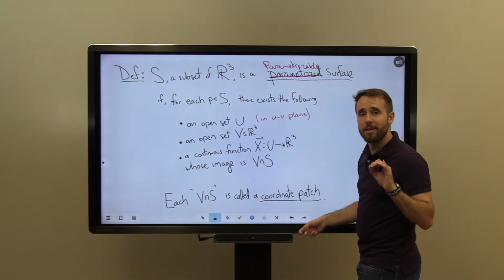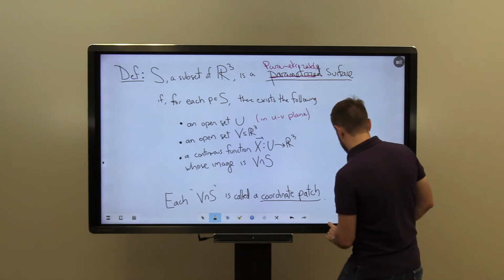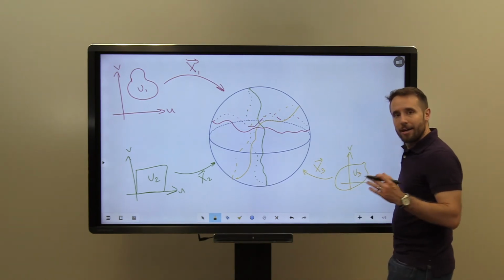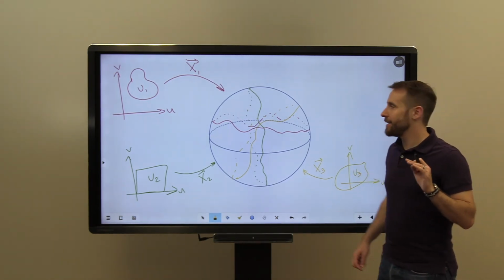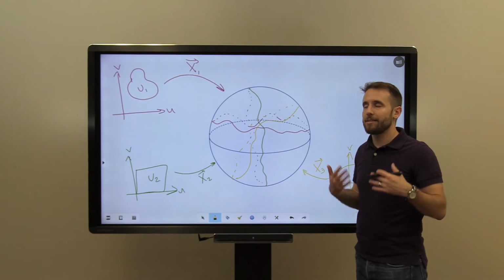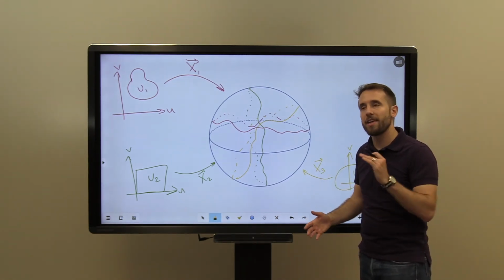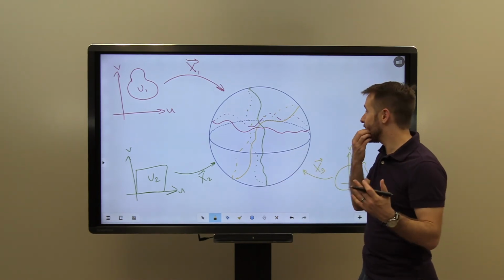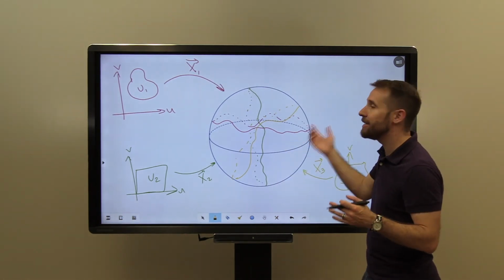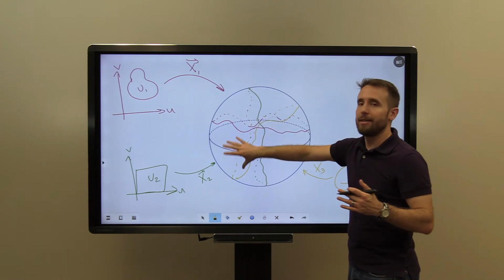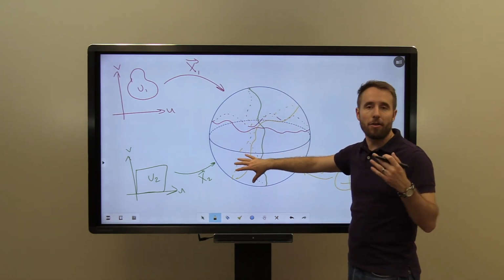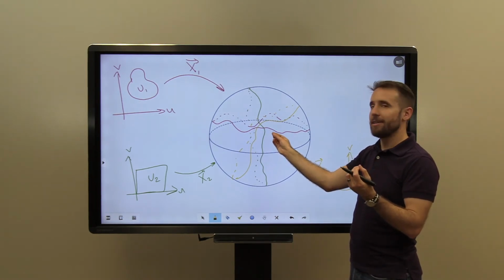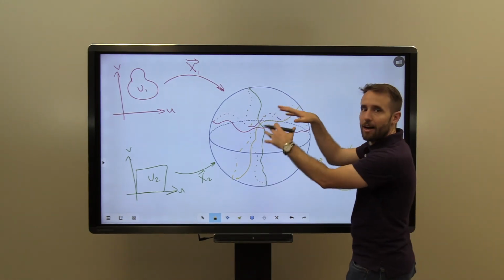All right, let me explain that just a little bit, because I think it's a little confusing. Coming back to this example, it's challenging to define subsets of R3 that are on a parameterized surface. In particular, it's hard to define a piece of a sphere as being an open set in R3, because typically an open set requires a little bit of thickness, and this sphere is really like the hollow shell of a sphere.